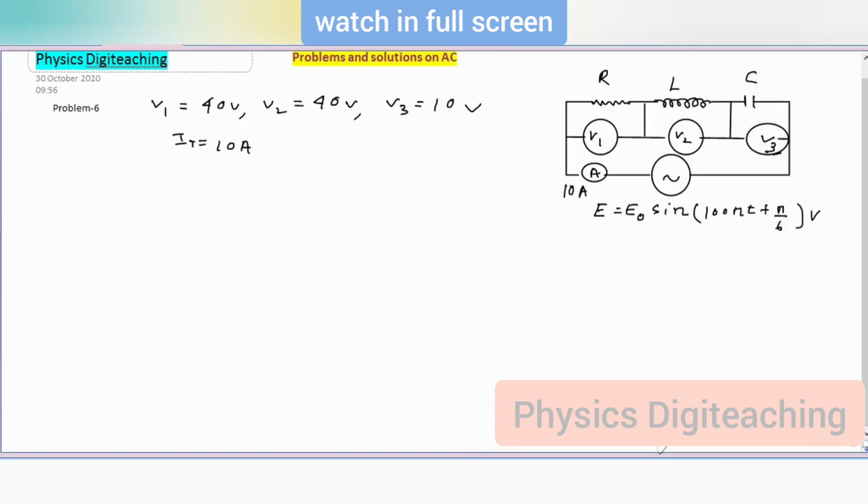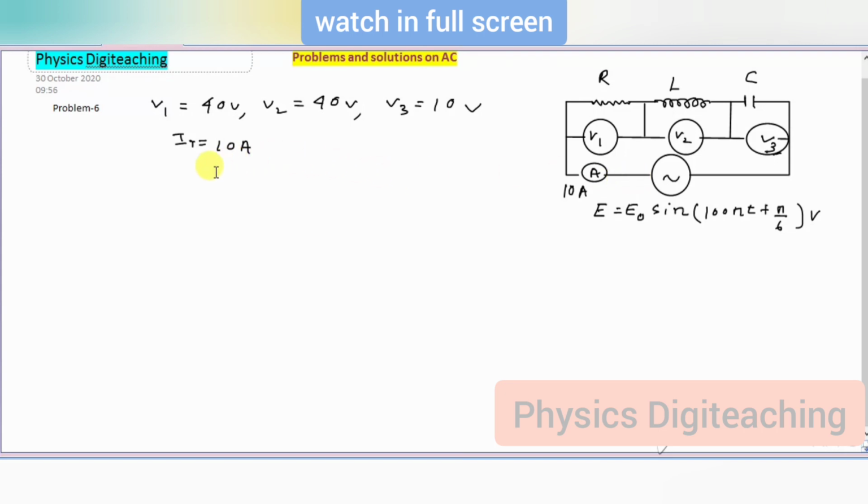Here problem 6, a series LCR circuit. A voltage source is connected in series, E equal to E0 sin (100 pi t plus pi by 6) volt, and 3 voltmeters are connected across resistor, inductor and capacitor, and an ammeter connected in series with the voltage source.